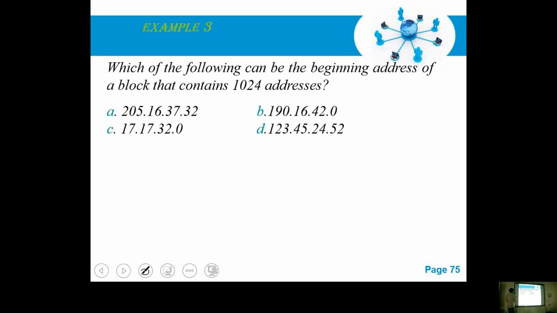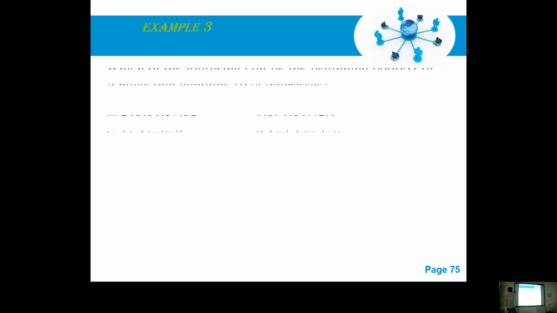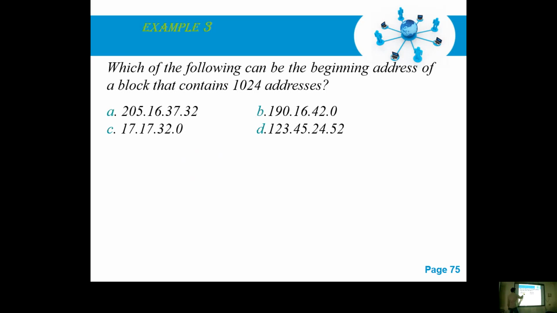So what is the value I write here? 1024 means 4.0, right? This is 4.0. So, can we say anything about which one will be possible here? With 4.0, the last byte needs to be 0. Okay, like that I have two things. The second byte should be divisible by 4.